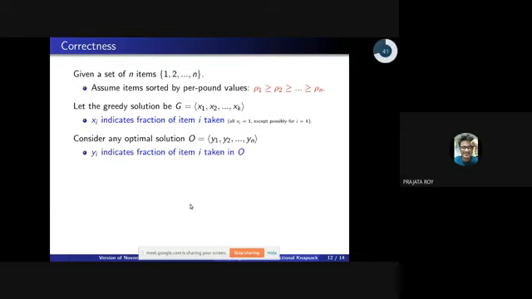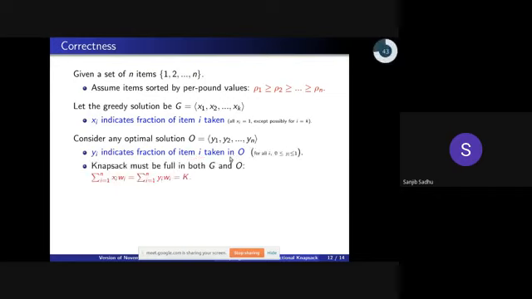Here yi indicates the fraction of item i taken in O. The knapsack must be full in both G and O. So the sum total of the weight of the objects in our case and in the optimal case is the same: the sum of Xi Wi and the sum of Yi Wi are both equal to K.